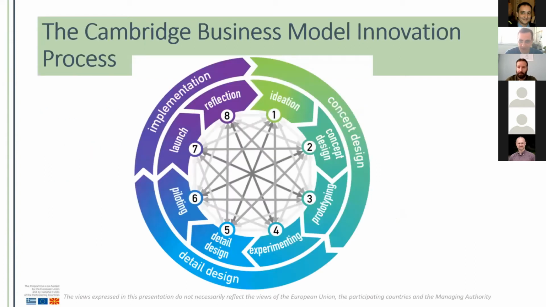Okay, jokes aside, let's speak about the Cambridge business model innovation process. So you have these 8 steps in 3 phases: the concept design, the detail design, and implementation. The business model is known as a blueprint for small business success, or, as someone coming from mechanical engineering, it's the technical drawing where you have everything.